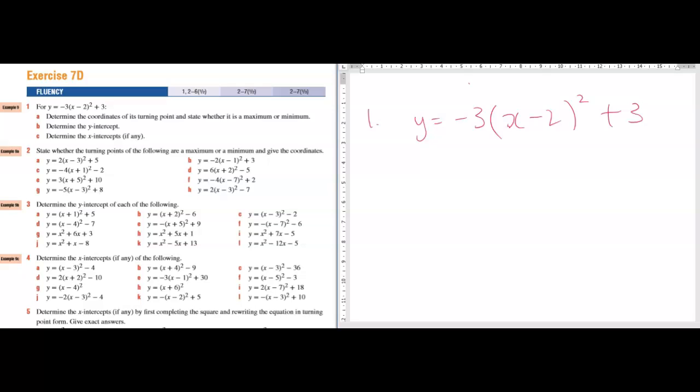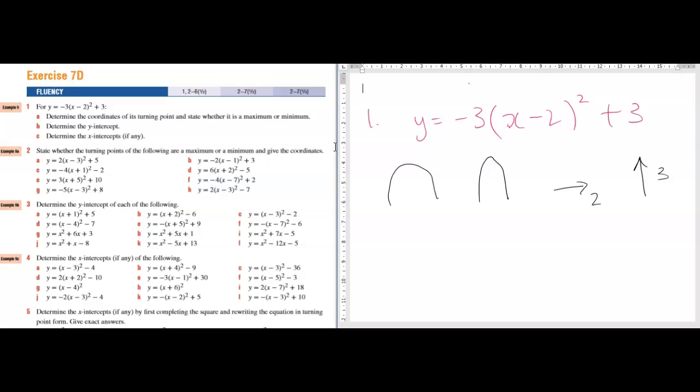This negative means it's a negative parabola. The 3 means it's become narrower. This 2 means it's moved to the right 2, and this 3 means it's gone up 3. They're the 4 things I can tell just by reading that. So let's actually answer the questions.